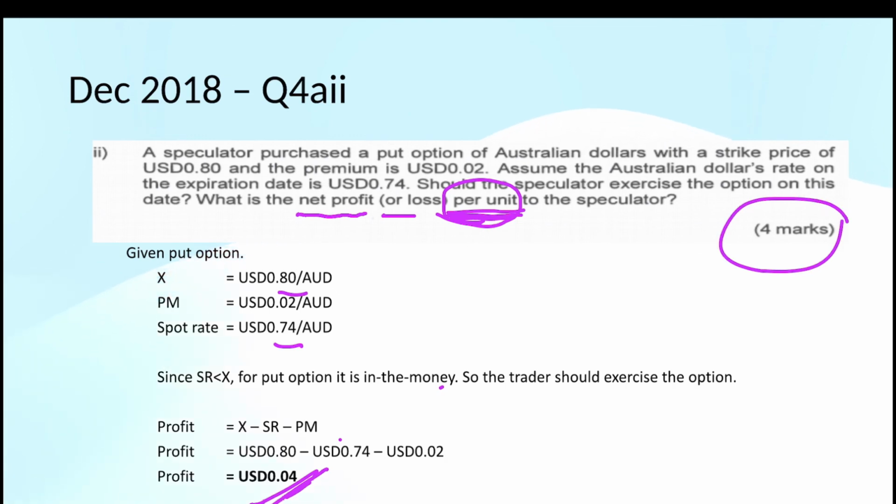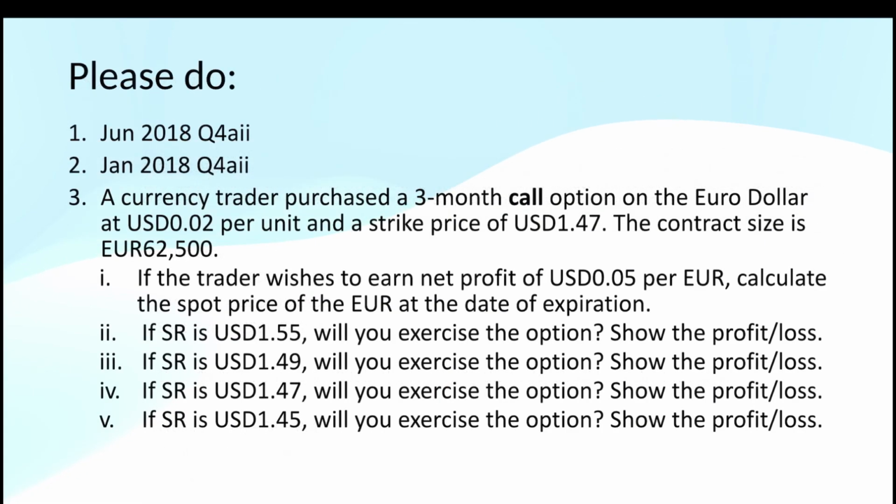Okay, I hope you guys understand for the option. Easy, right? So, as a tutorial, please do the question of June 2018, question 4A2, January 2018, question 4A2, and the number 3.